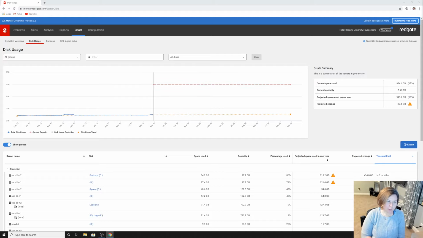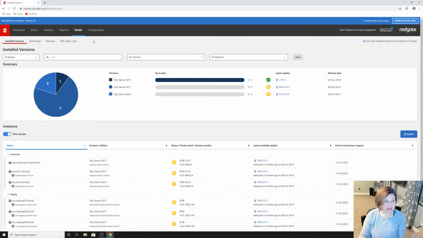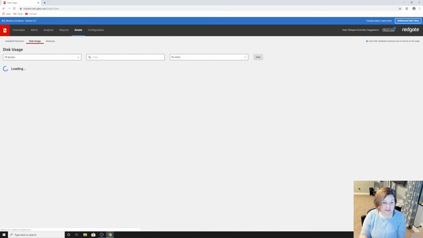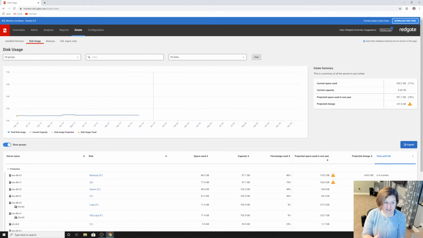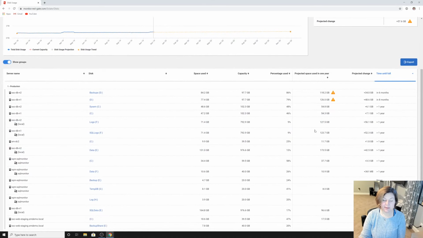So part of the reason that this comes up is that we do have some monitoring features for projection in our products. So for example, in Redgate SQL Monitor, on the estate pages, you can go to the disk usage page and it looks at how much disk space you are using, what's the capacity, and it does some projections about how much space you will be using over time and how long it will be until it's full.